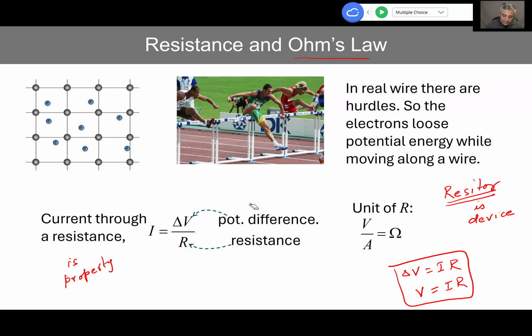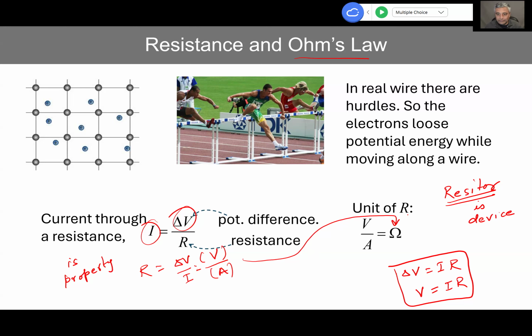So the unit of resistance can be written in terms of the unit of current and voltage by just rearranging this equation, right? So R is going to be delta V over I. Delta V has a unit volt and current has a unit ampere. So that means volt over ampere, and it's called ohm.